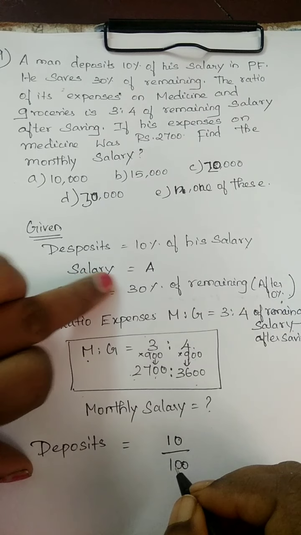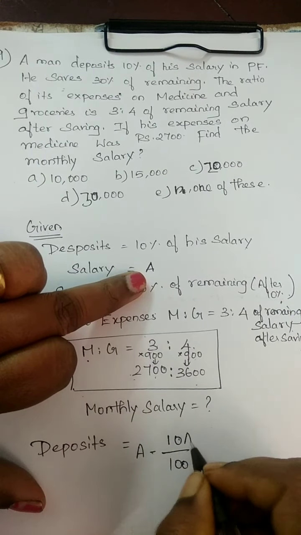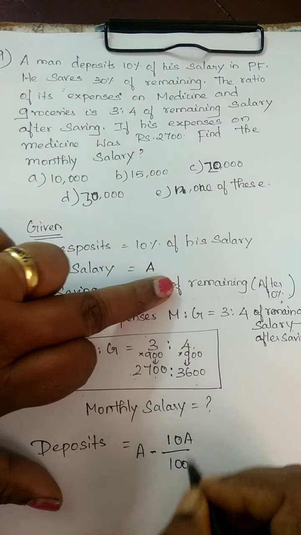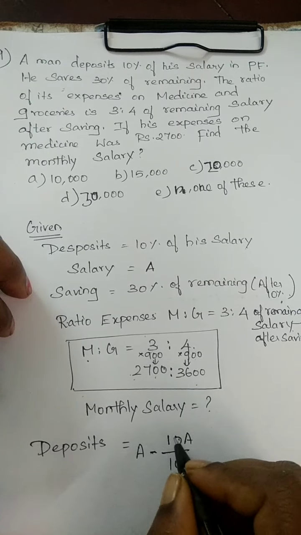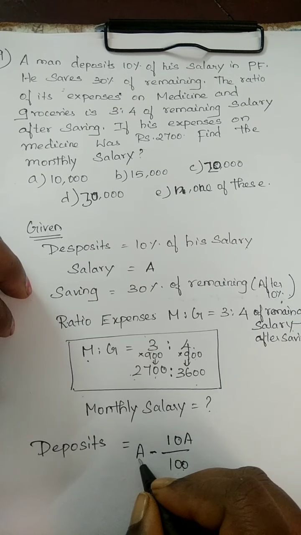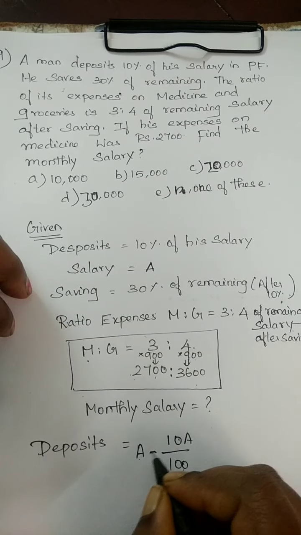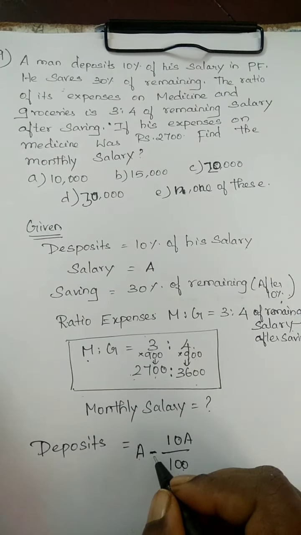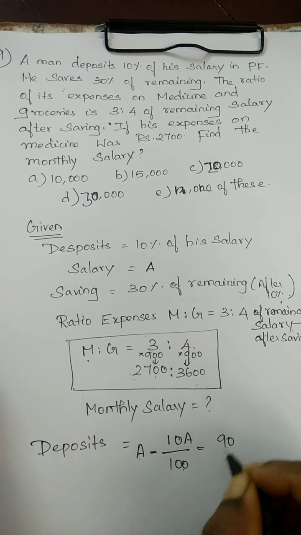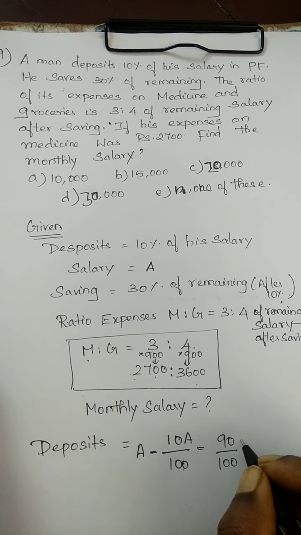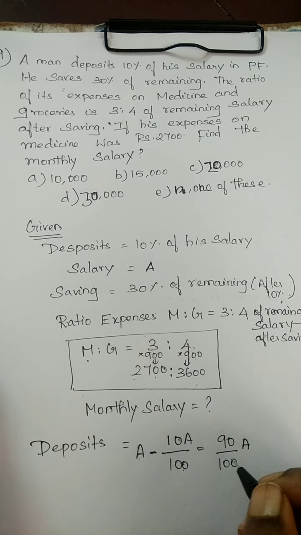The salary is A, so A minus 10A by 100. Can you get this, guys? A is the total salary, minus 10% of his salary for his deposits. So what will we get? 90 by 100 into A. So this is the deposit.